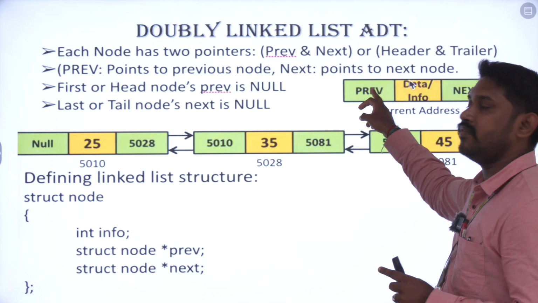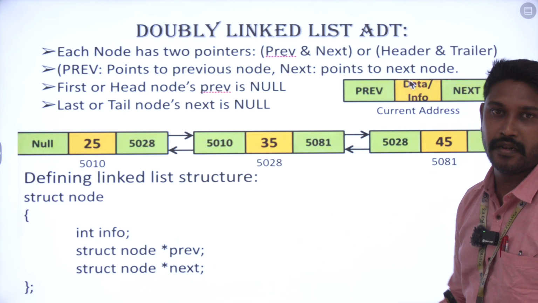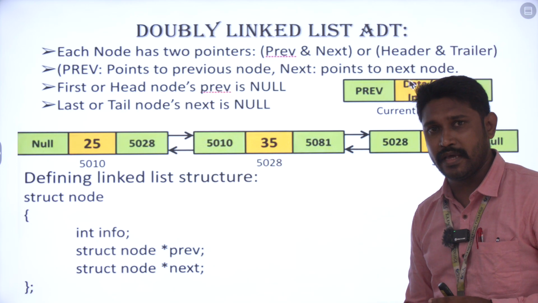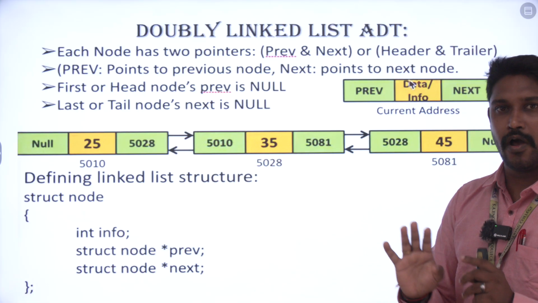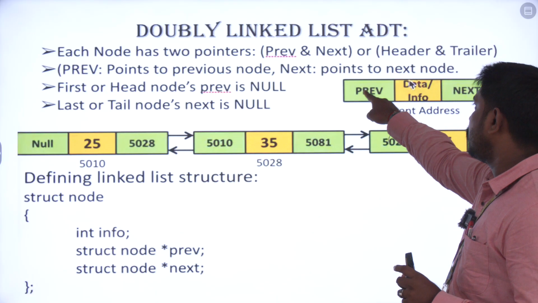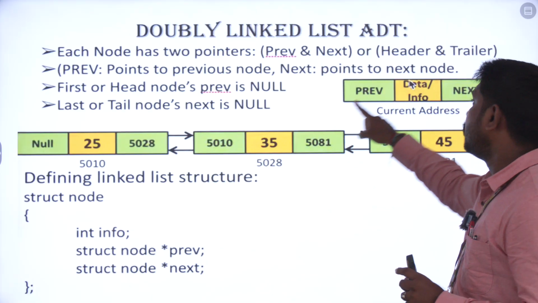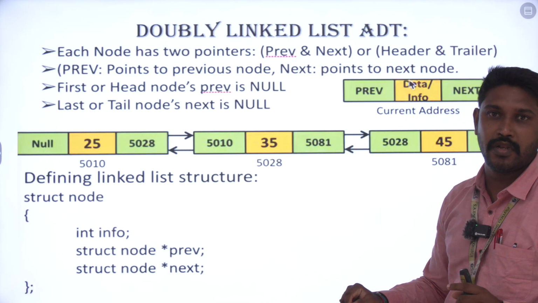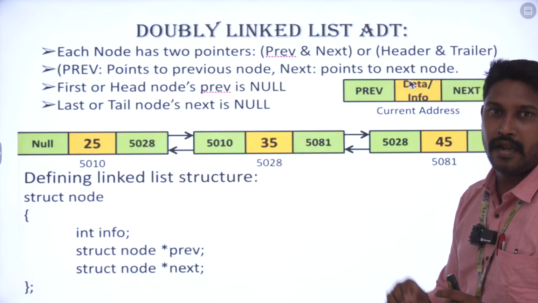One we call the previous pointer, and the other we call the next pointer. A pointer is nothing but a variable that stores an address. Here the previous pointer is going to store the previous node's address, and the next pointer is going to store the next node's address. This is the main concept of a double linked list.